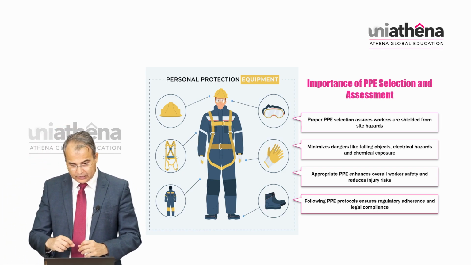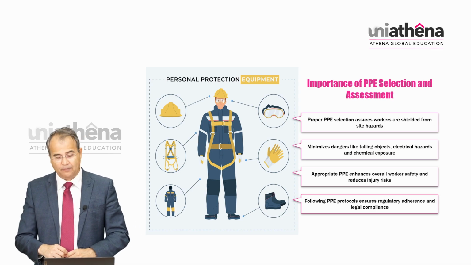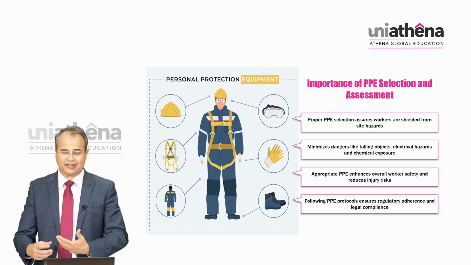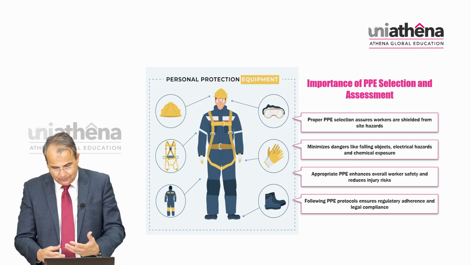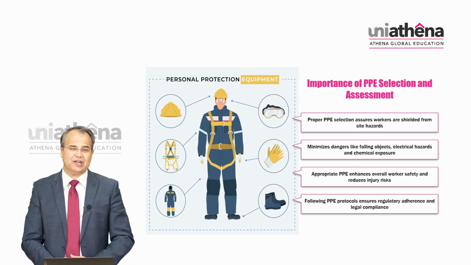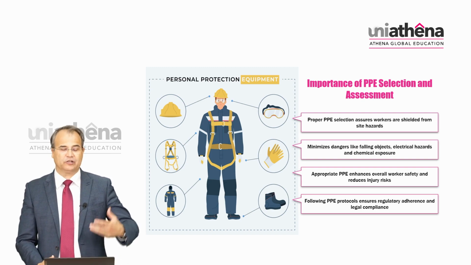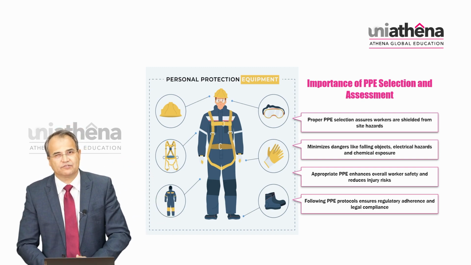Then we are talking about minimizing the danger from falling objects, any kind of object hazards, and chemical exposure as well. So we need to understand what kind of thing we're looking at. We are talking about the helmet, the gloves, all of those.